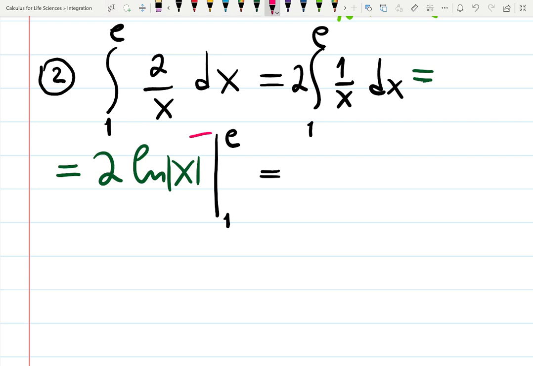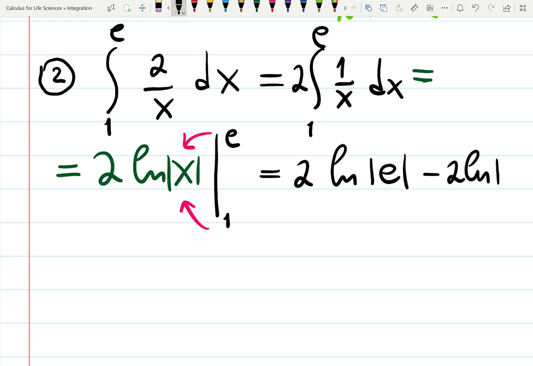You plug in the top minus the bottom into your x. It will be 2 ln absolute value of e minus 2 ln absolute value of 1. Here's my e, here's my 1. Those are my limits of integration.